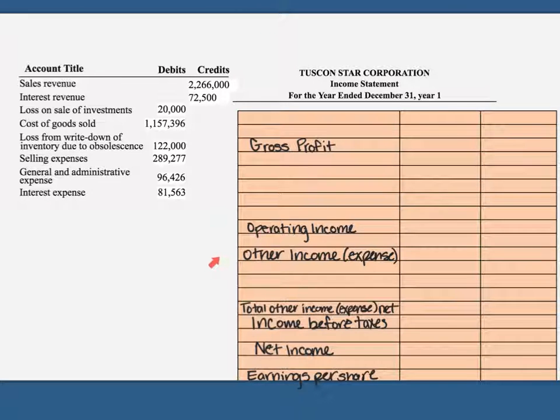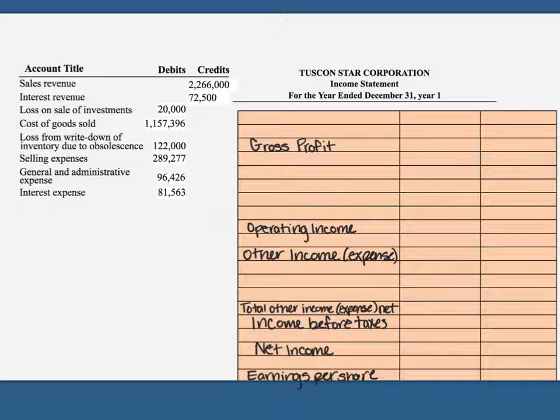Other income could be things such as interest, or random expenses that they may not see every year. So we will calculate that, and that is our non-operating section. Then we'll calculate our income before taxes, and calculate our income tax expense to get net income, which is what we're looking for at the end of the income statement. And then we will solve for earnings per share based off of our net income.